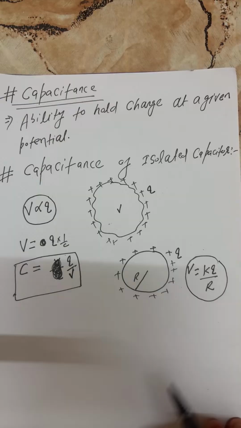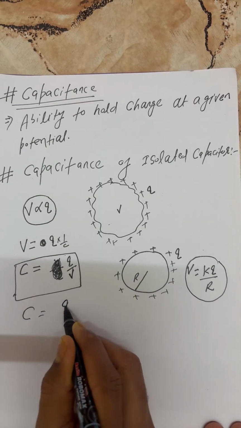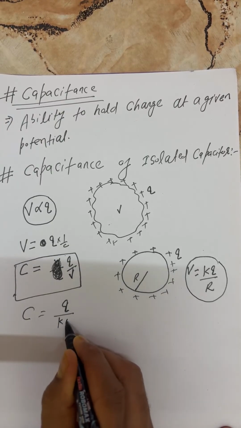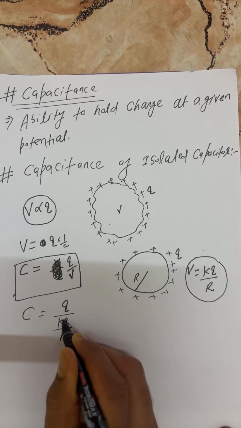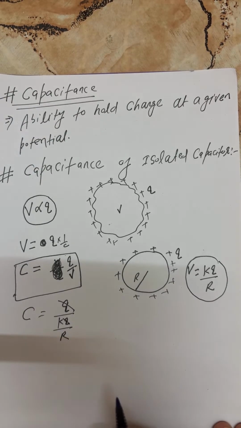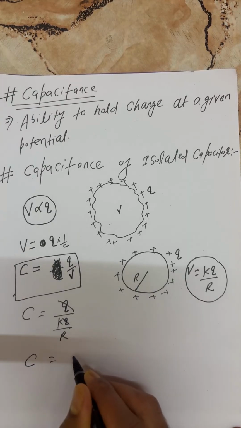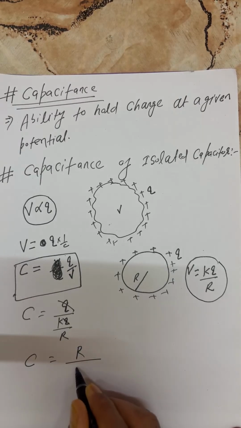How? I'll prove it. C is what? Q over the potential, which is kq by r. The Q cancels, so C equals r over k.